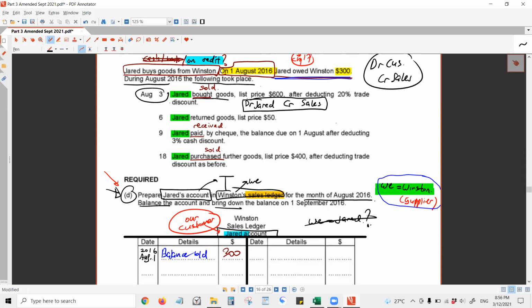Next, I have to decide what amount to use. We are Winston, keep reminding yourself. Therefore, we debit Jared and credit sales. We sold goods on credit to Jared. Next, everybody, try to calculate what amount I am going to use for this double entry. Then you tell me.